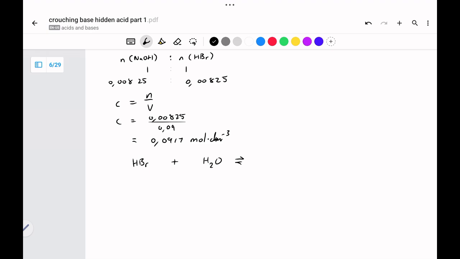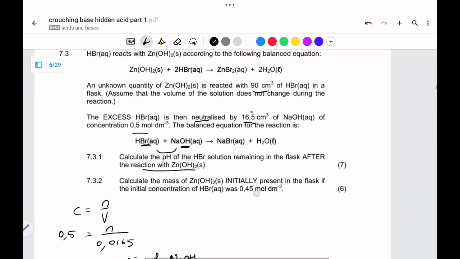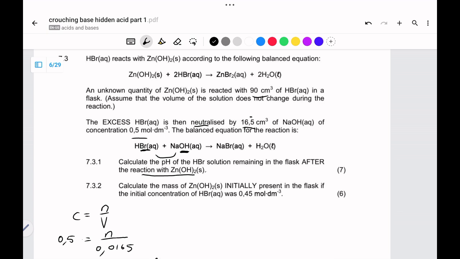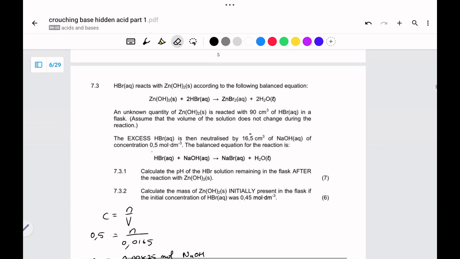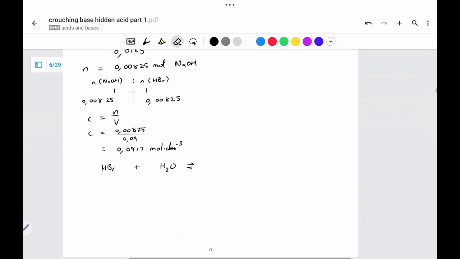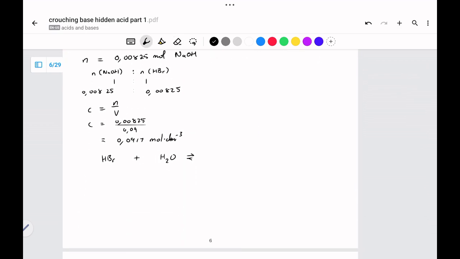In the problem that I got this from, they started out by telling us that HBr is a strong acid. I didn't include that part, but the fact that it is a strong acid is what enables us to do what we will do now.